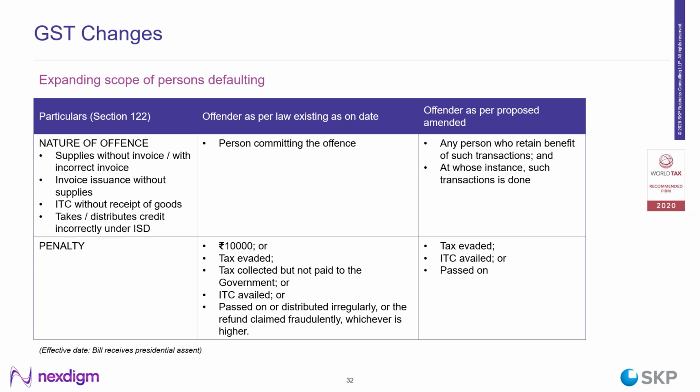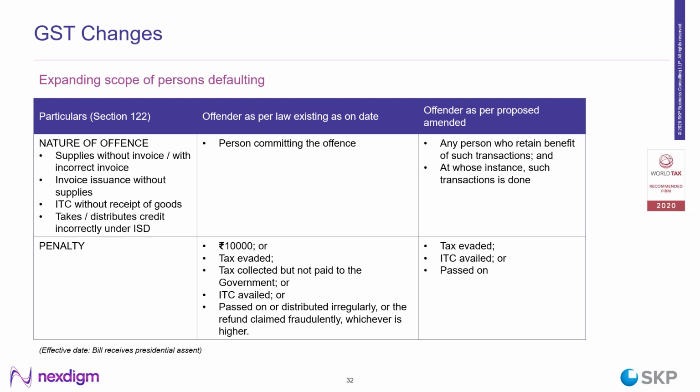However, many a time the benefit of such a fraudulent supply was available as input tax credit to the recipient. And under the existing law, the recipient was not held as a person liable for a penalty even though he took the benefit of such a transaction.